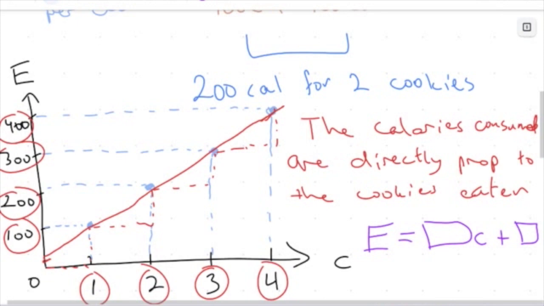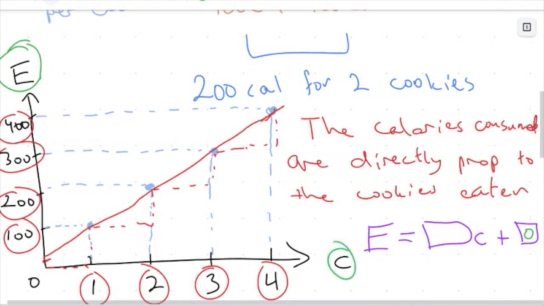So I can write that in, let's do it in a different color, into here. I have an intercept, but it's 0 because I haven't consumed any cookies yet, so I have 0 calories in my system. Now, by how much is my energy increasing for each cookie consumed? Well, that is my gradient. My gradient tells me how much my y variable changes, in this case it's E, for each change in my x variable.